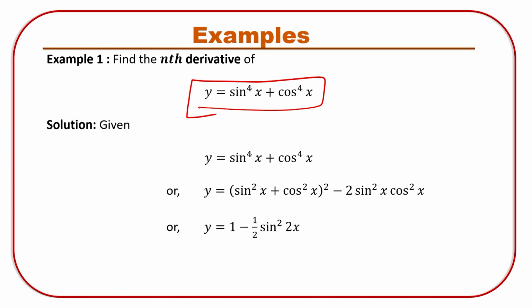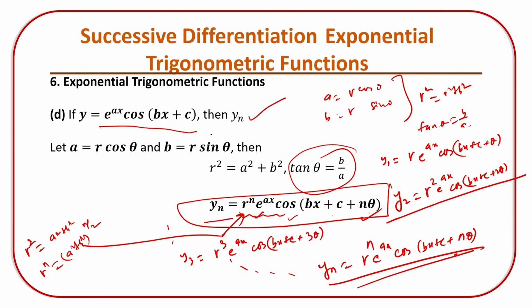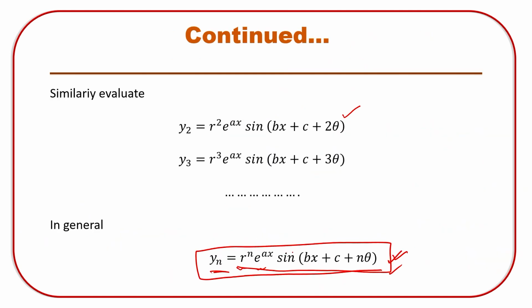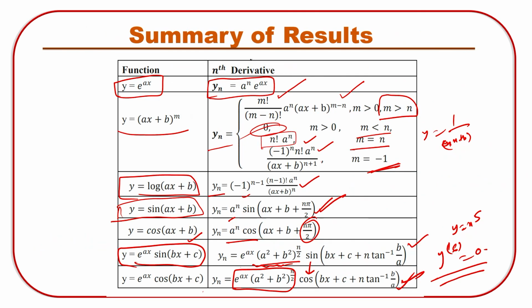In the previous results, we have seen that if an exponential trigonometric function is in the form e^(ax) sin(bx+c), y_n can be written easily as r^n e^(ax) sin(bx+c+nθ). And in the summary, we have seen that if a function is in the form sin(ax+b), the nth derivative is a^n sin(ax+b+nπ/2).